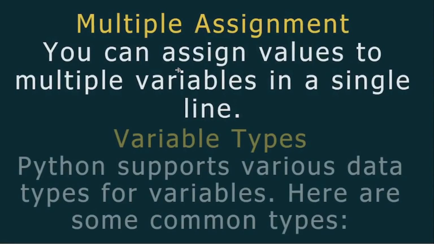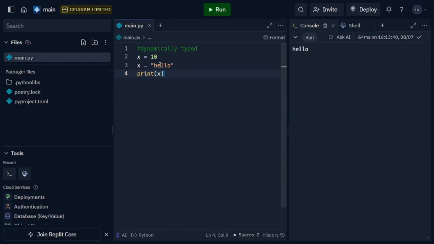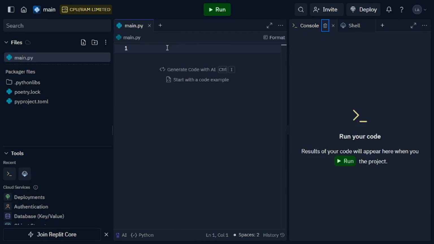Now we will see multiple assignments. You can assign values to multiple variables in a single line. Let us see how to assign values to multiple variables in a single line.